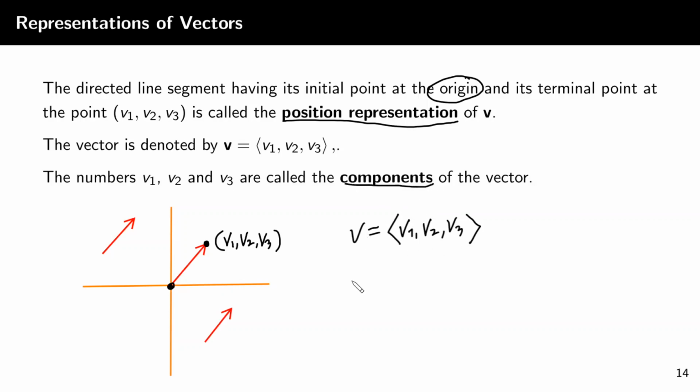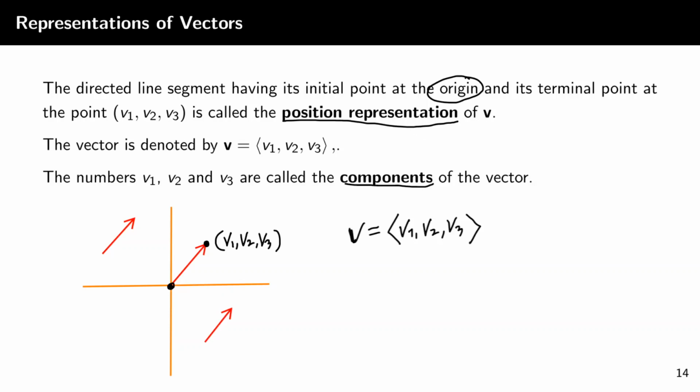Some books will write v with a bold face, and others will write it with an arrow on top. It's up to you, just be consistent with your notation. But for simplicity, we will just write the letter itself, and then we have triangular brackets on either side, and inside are the components of the vector. So this will be our notation for the position representation of that vector.